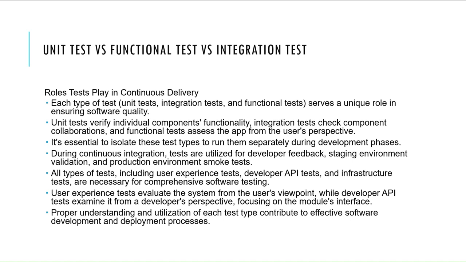User experience tests evaluate the system from the user's viewpoint, while developer API tests examine it from a developer's perspective, focusing on the module's interface. Proper understanding and utilization of each test type contribute to effective software development and deployment processes.